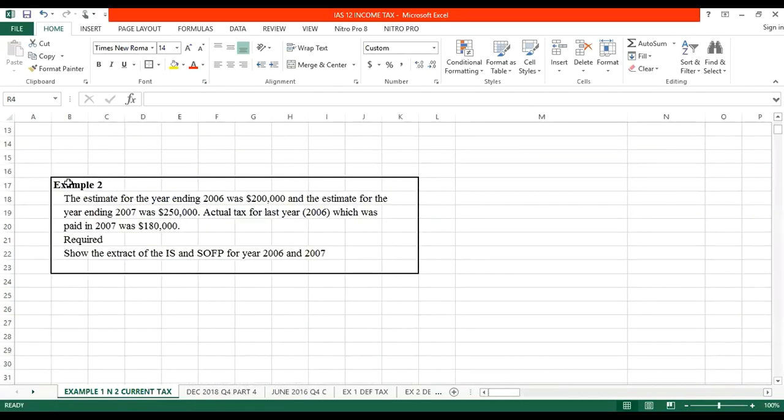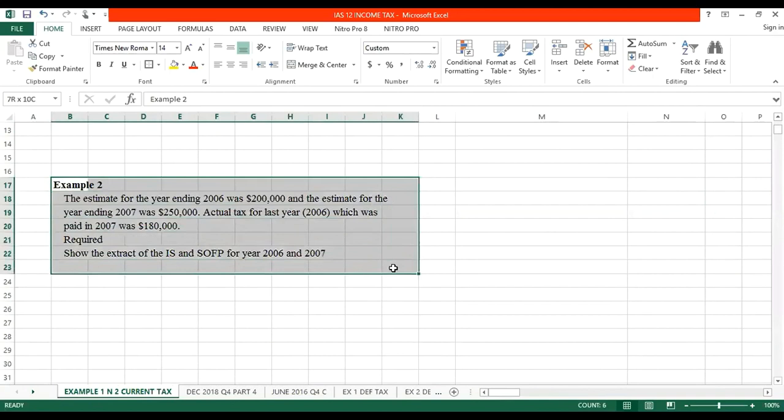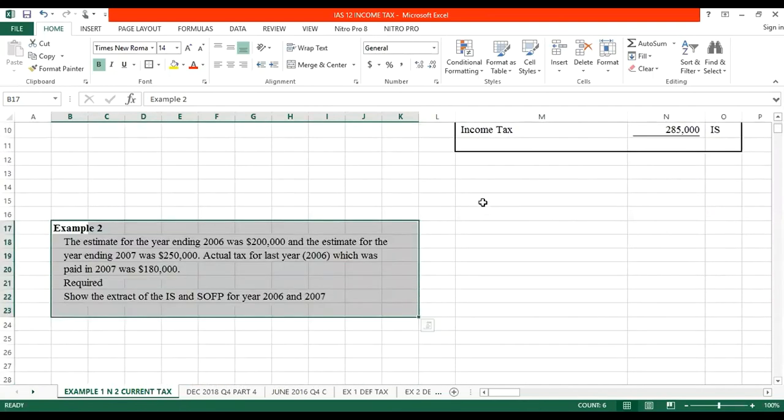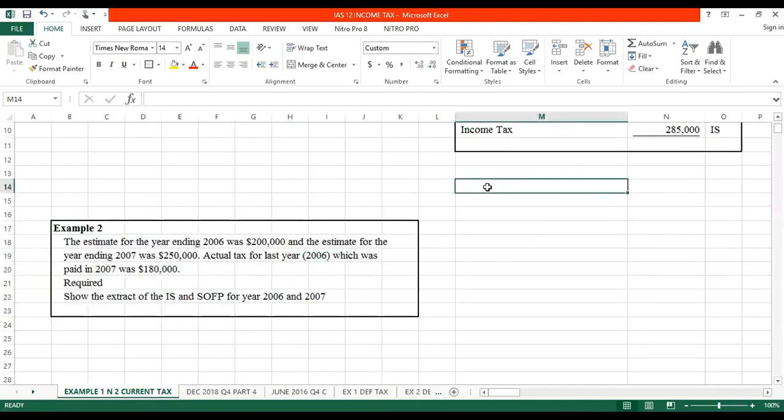I'm skipping this example. Should I skip it? Let me just take 2 minutes on it instead of skipping it. The estimate of the year ended 2006 was 200,000, and the estimate for the year ended 2007. It is important to also do this solution, because of some point.